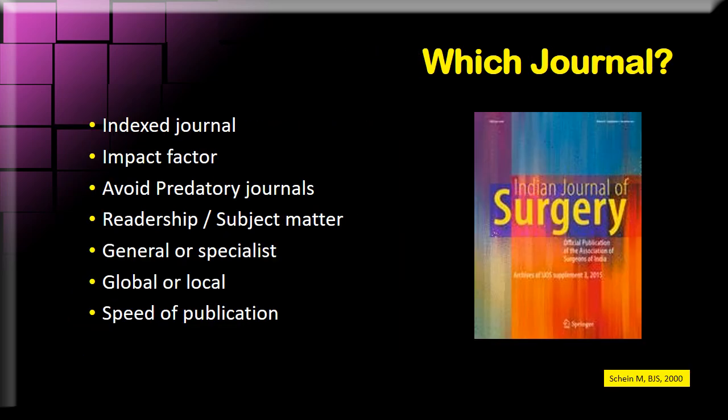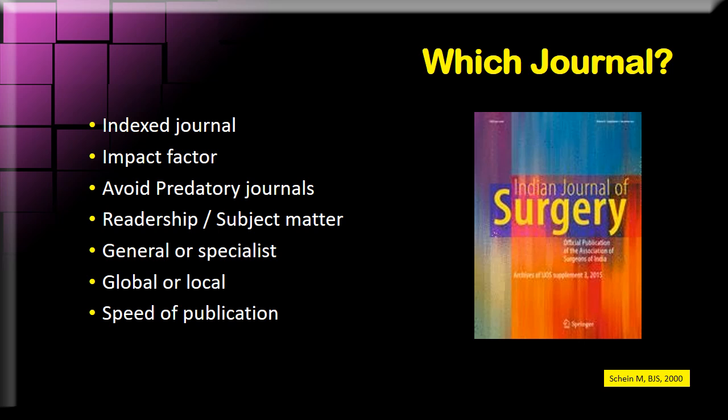Which journal should you send it to? We have said this before, always go for an indexed journal with a good impact factor. I'll tell you a little bit about predatory journals in the next slide, but avoid predatory journals. You have to see what kind of subject matter you have and what kind of specialty journal you're sending it to.